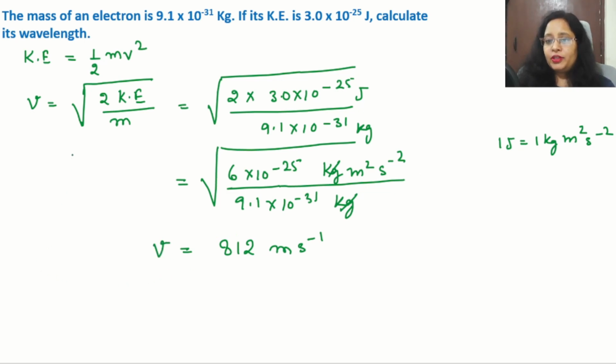Now we need to find the wavelength. So according to de Broglie's law, wavelength lambda is equal to h upon mv. So h here is Planck's constant, m is again the mass of the particle and v is the velocity. So again we substitute the values.